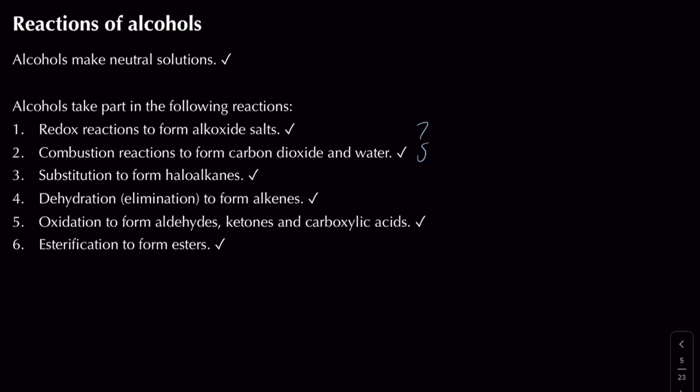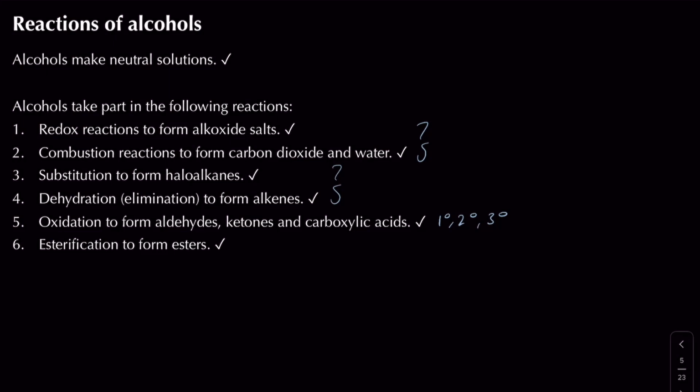So you've come across alkali hydrolysis, this is going backwards. And then we've also got dehydration, which is the opposite of hydration reactions for our alkenes. In another video, we've got oxidation to form our aldehydes, ketones and carboxylic acids, and that depends on what type of alcohol you've got, be it primary, secondary or even tertiary. And then one for module 6 is going to be the esterification reactions to form esters as well.